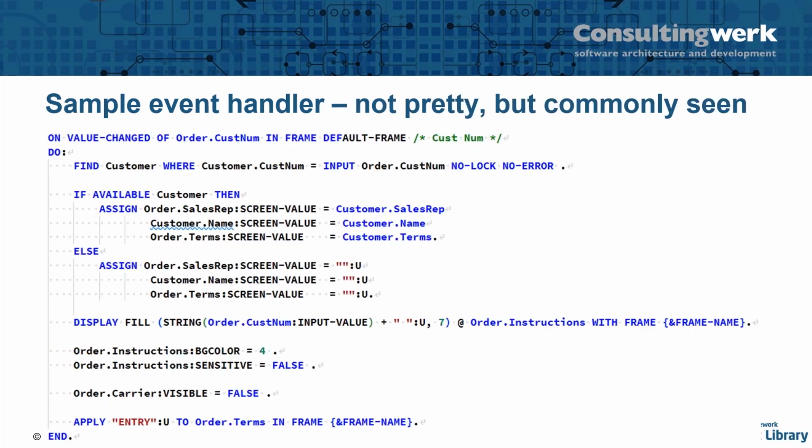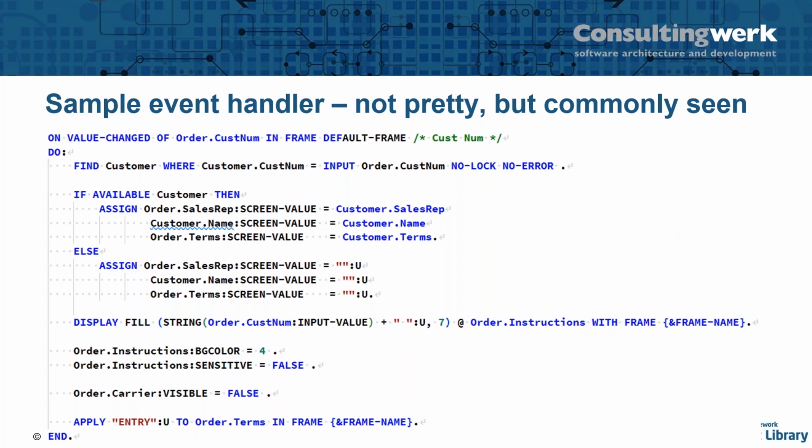That's a nasty, not pretty, but I think very common form like this. In the trigger, you find a customer based on a field on the screen, whether you use the input keyword or screen value or input value, it doesn't matter. Whether or not you find the record, you display some values and blank out other values.